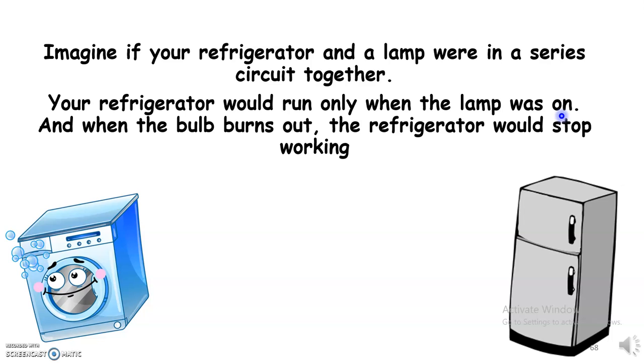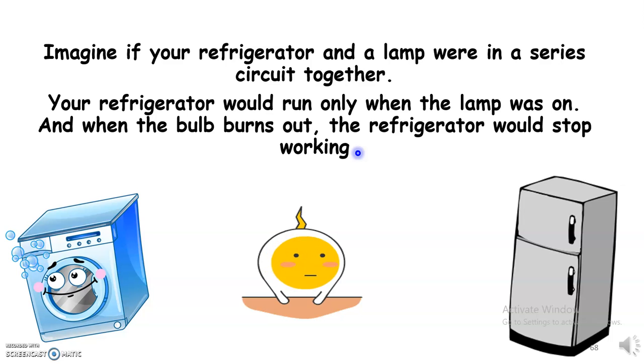If one lamp turns off, all the components turn off. So if I want to run my refrigerator, I should turn on my lamp. And when the bulb, meaning the lamp, burns out, the refrigerator would stop working.